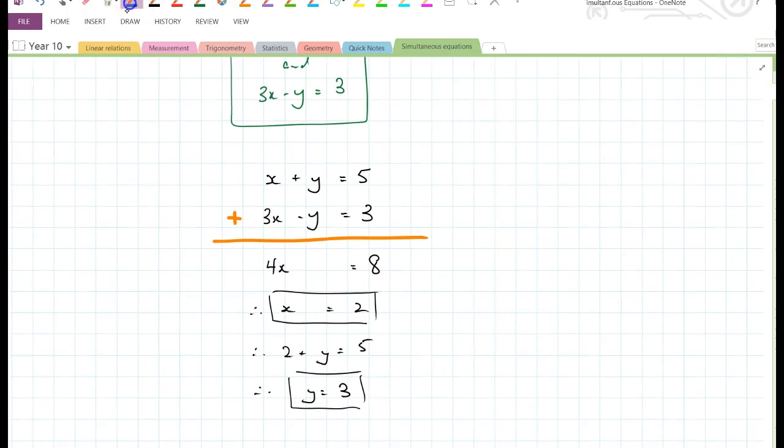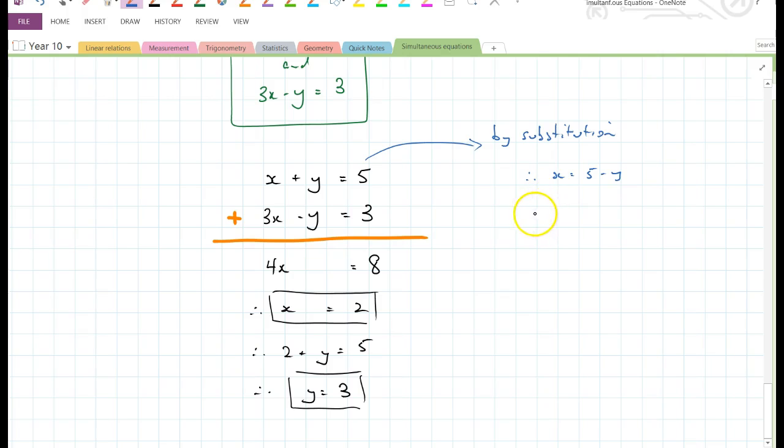Okay, just out of interest, let's have a look at solving it by substitution, just to check which method you'd rather use. Now, this would be quite easy to do by substitution. We could make, say, x the subject of this first equation. So we could go x equals 5 minus y, just taking that y over here.